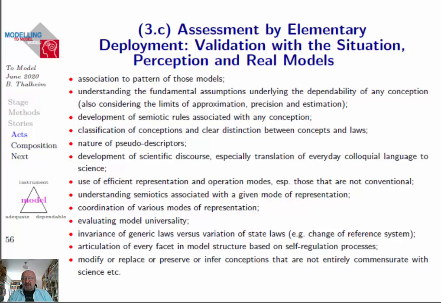In this case we can associate the model to the patterns of those, let's say, real perception or situation models we are using. We can understand the assumptions that go behind. And for this reason we have now a very good way to assess the potential and capacity of our model.